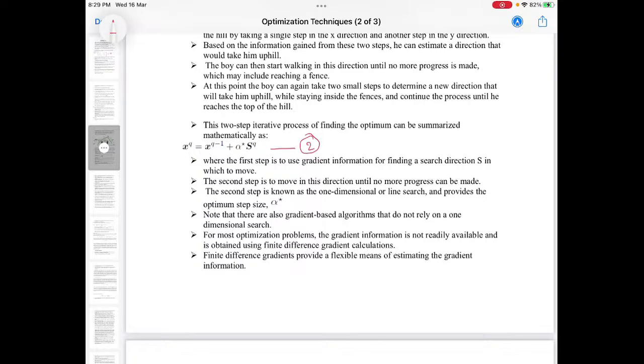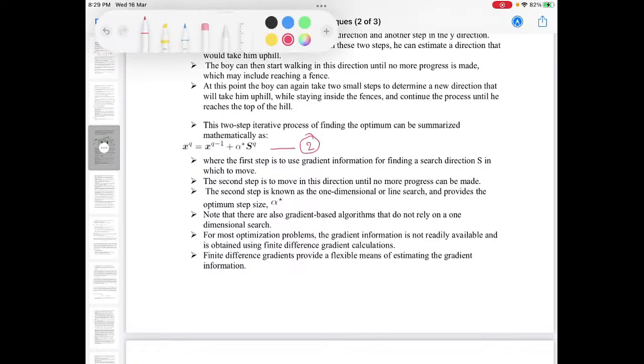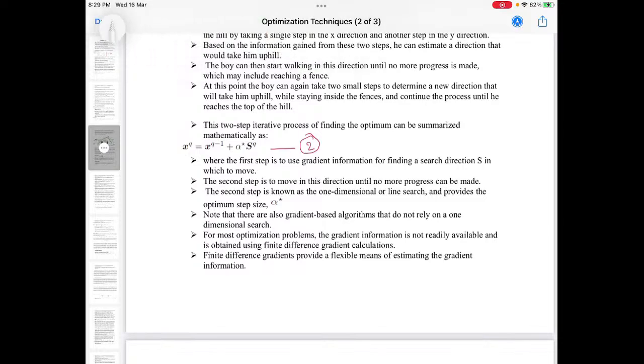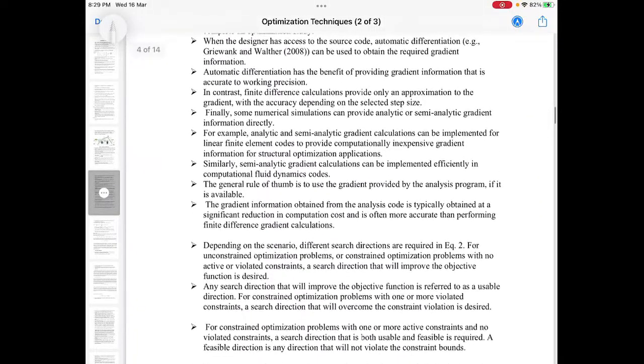From equation number 2, as you can see, x raised to q is equal to x raised to q minus 1 plus alpha asterisk S raised to q, where capital S is the search direction, and this is what we are referring to now.